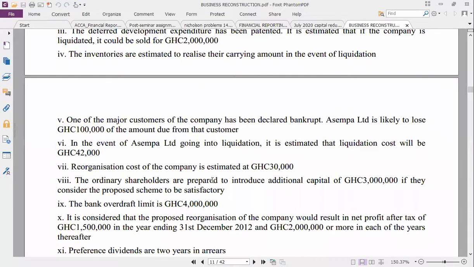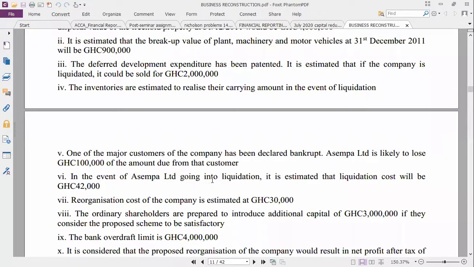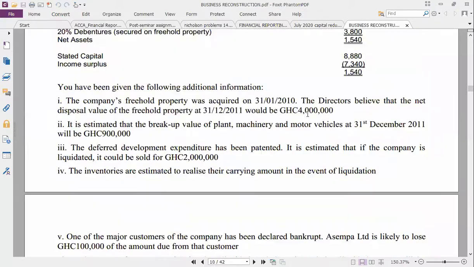So that's the first note. It's 4,000, right? So kindly, if you have your solution with you, coming from the workings in step 2, determination of maximum loss, go there and pick the going concern value under the freehold property.